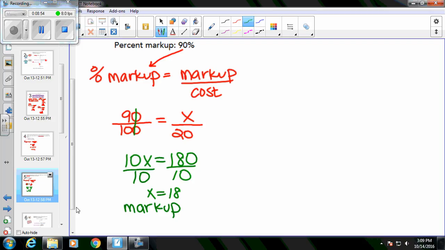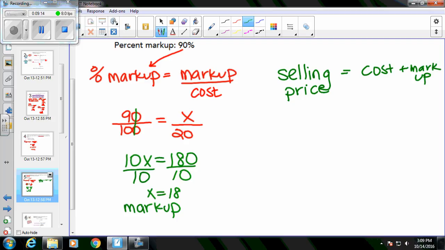Okay. Let's remember the selling price equals the cost plus the markup. I'm looking for the selling price.